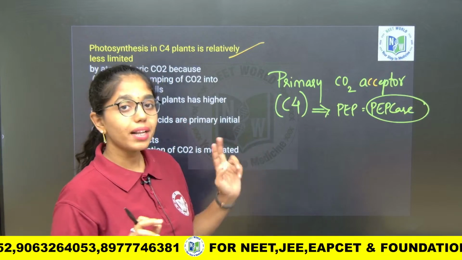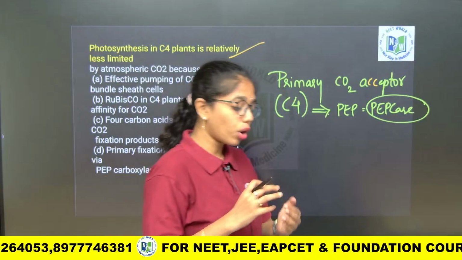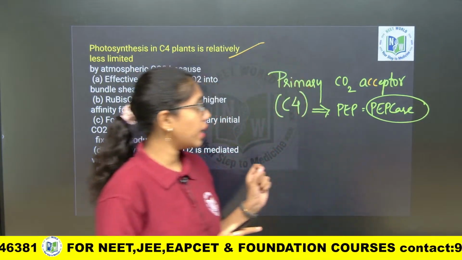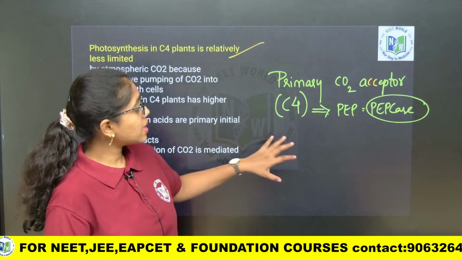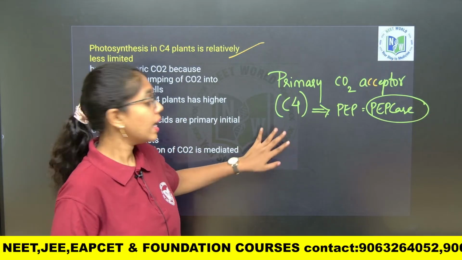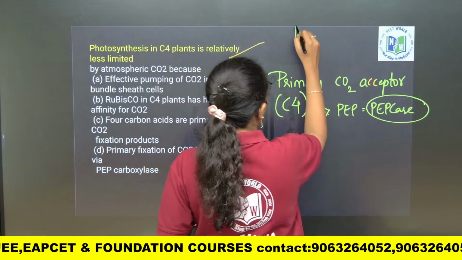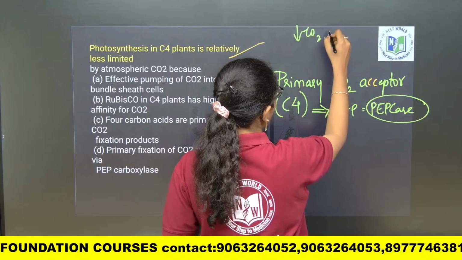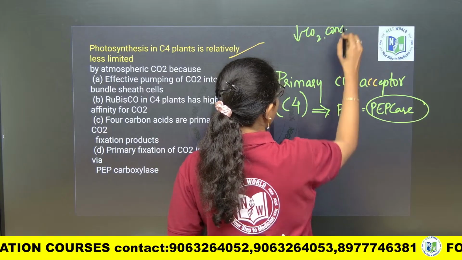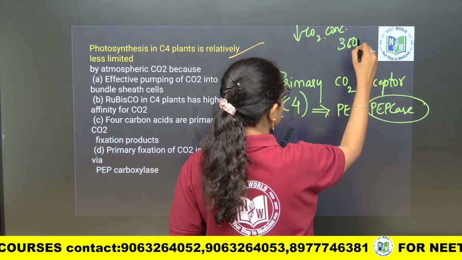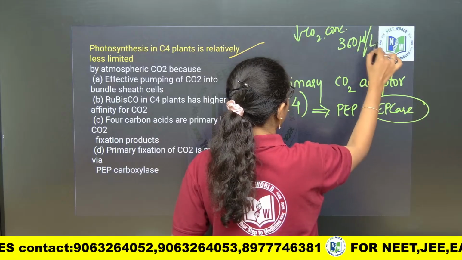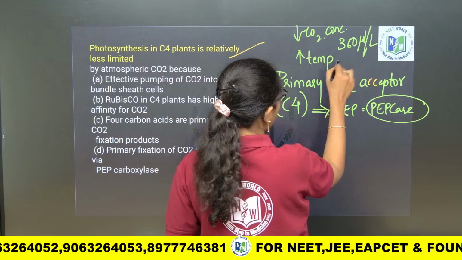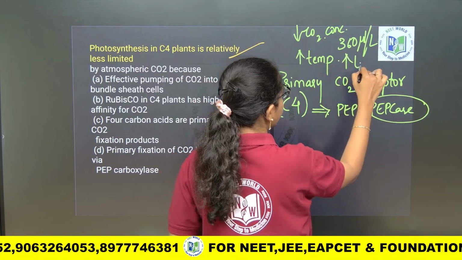Of course, we have already discussed this in the factors affecting photosynthesis, but once again I am telling you, in C4 plants the cycle runs more efficiently at low carbon dioxide concentration, maximum 360 microliters per liter, and at high temperatures and high light intensities.